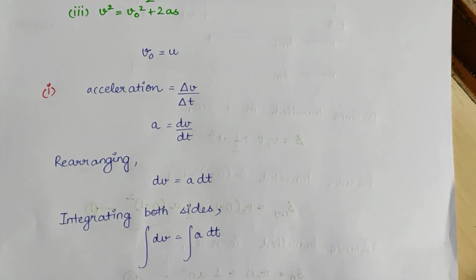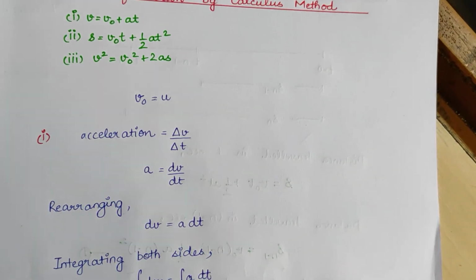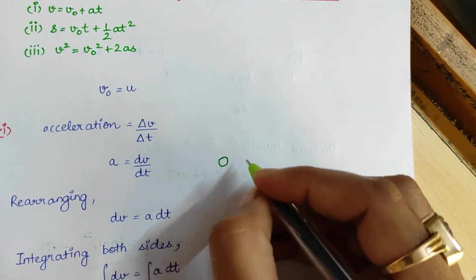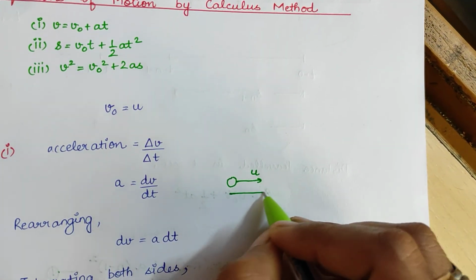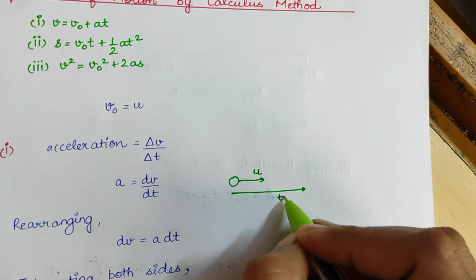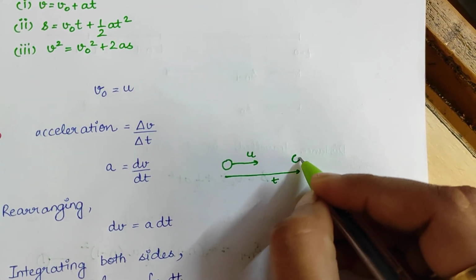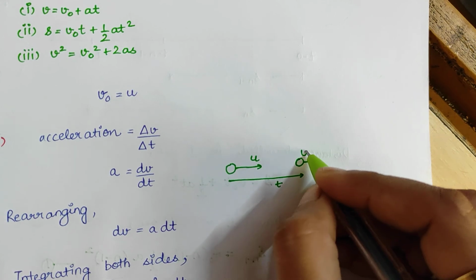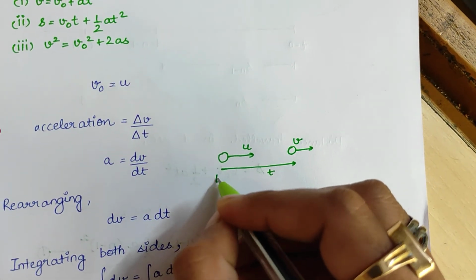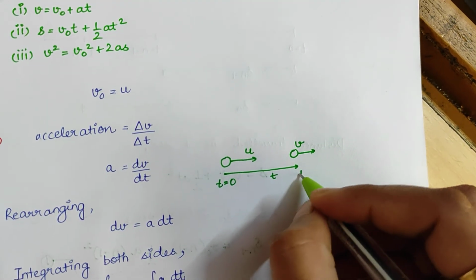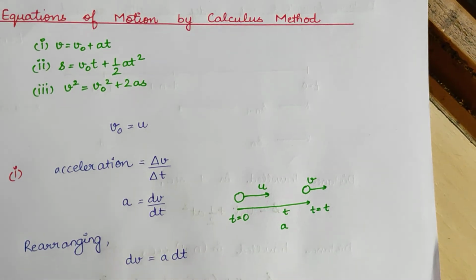In this case, we have assumed that a body is first moving with some initial velocity u, and after some time t, the body is moving with final velocity v. Here the time was 0 and here the time is t, with some acceleration.